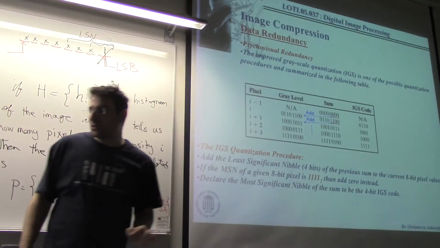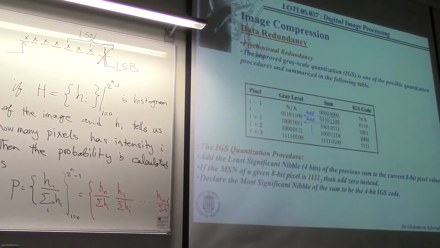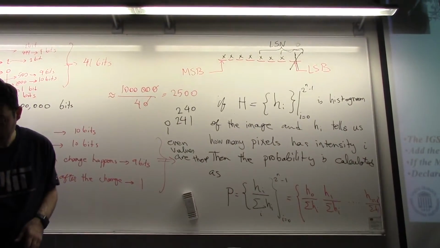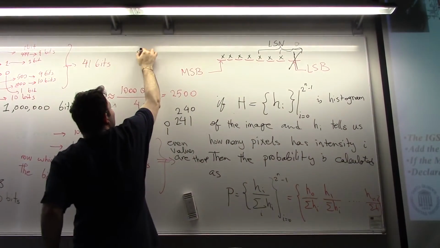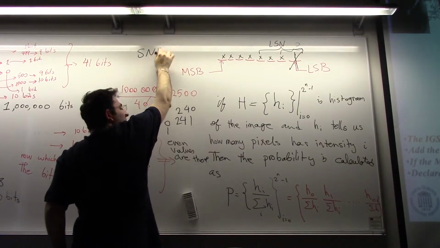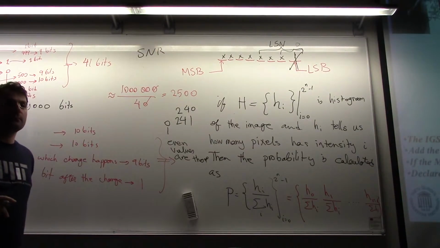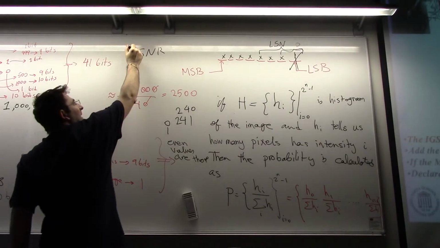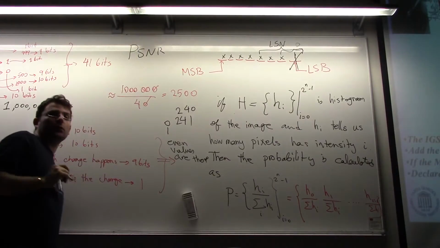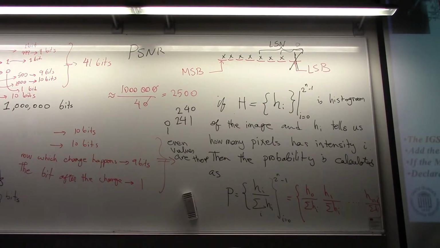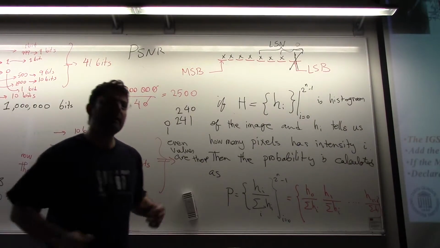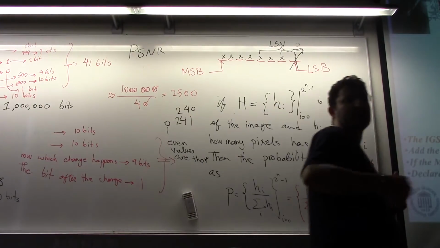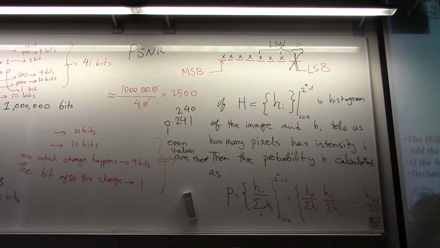This signal to noise ratio, which is known as SNR, in image processing has a different form, which we call peak signal to noise ratio, PSNR. If you are talking with people who know computer vision and image processing, you can use the term PSNR.